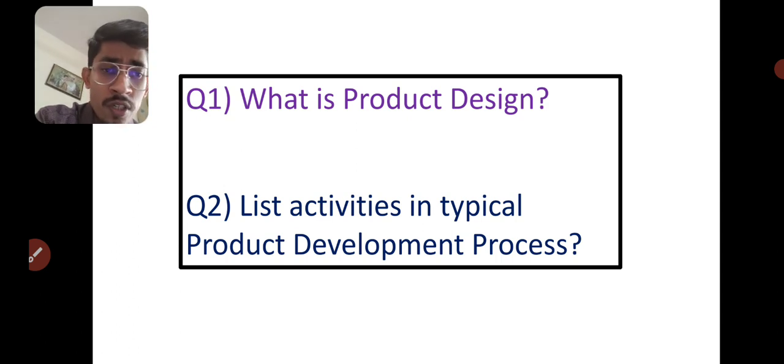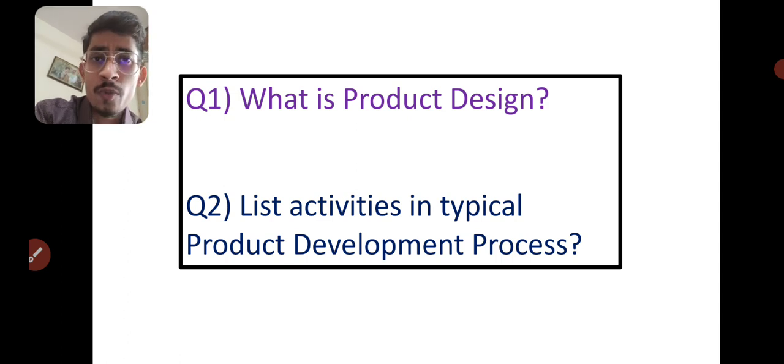If I talk about the various stages of PLC, the product life cycle, the first stage is initiation or introduction of the product. The second stage is growth of the product. The third stage is maturity of that product, and the fourth one is declination of that product.